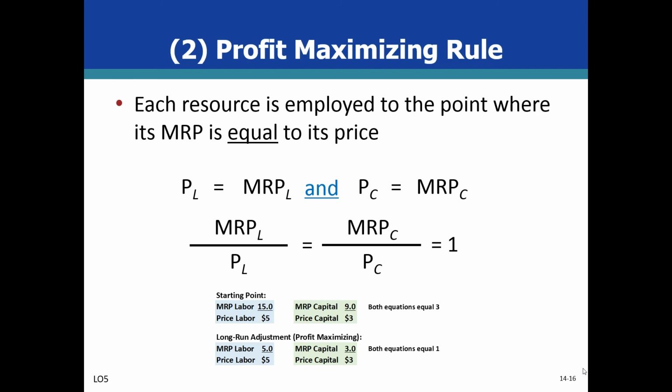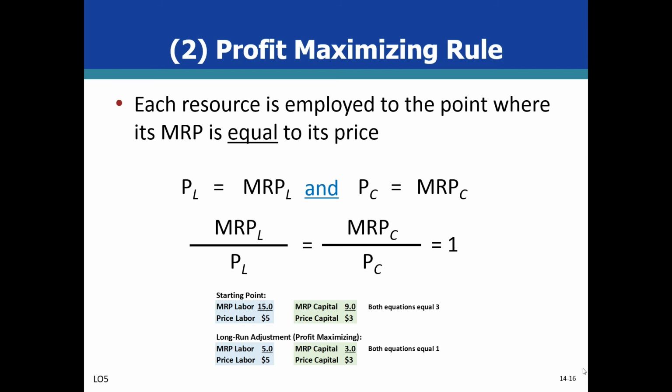Not only do they both need to equal in the profit maximizing rule, they need to both equal 1. When that equation happens, we know we have established the profit maximizing point. That's the rule. Let's take a look at an example.